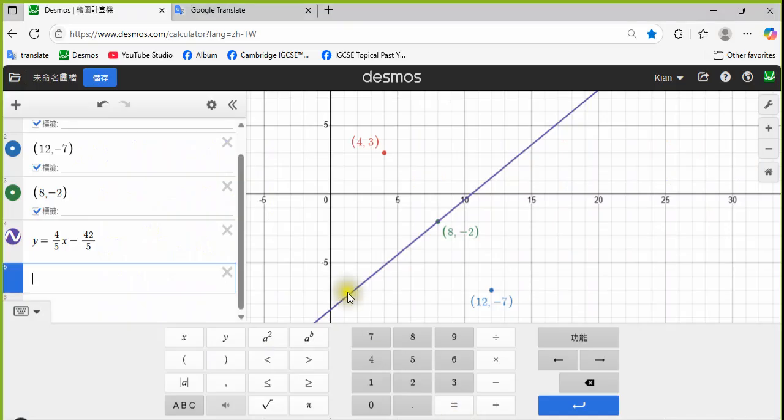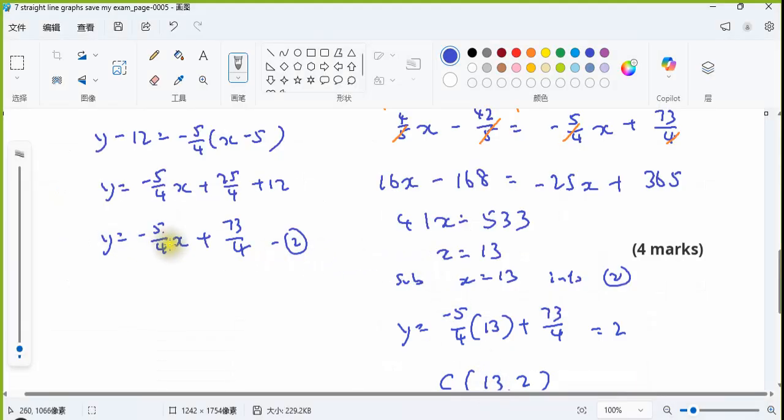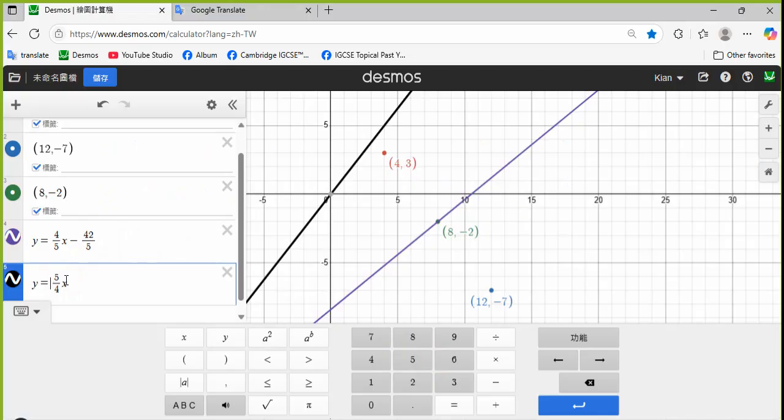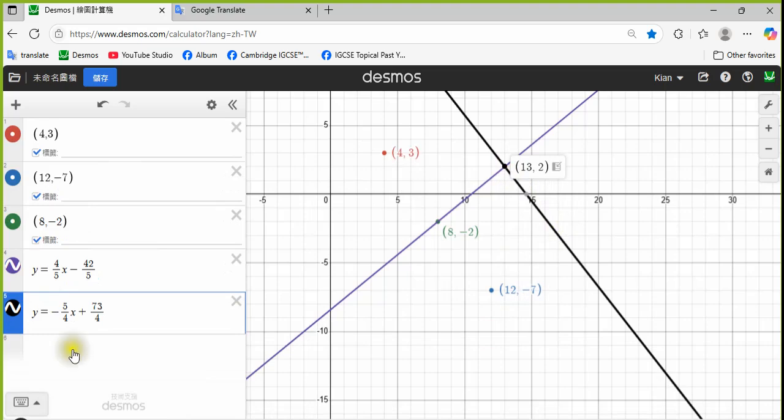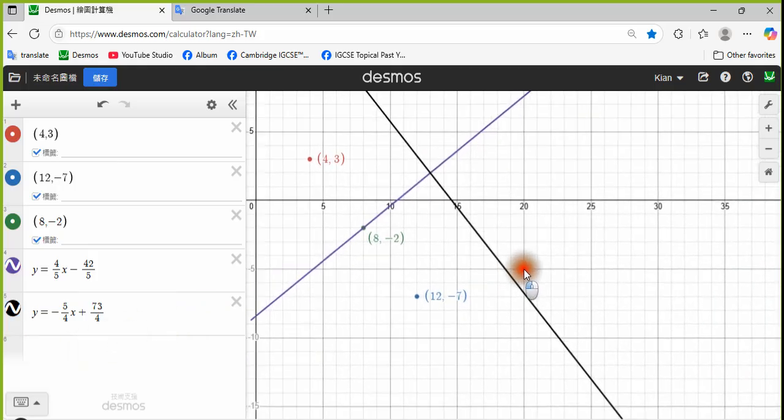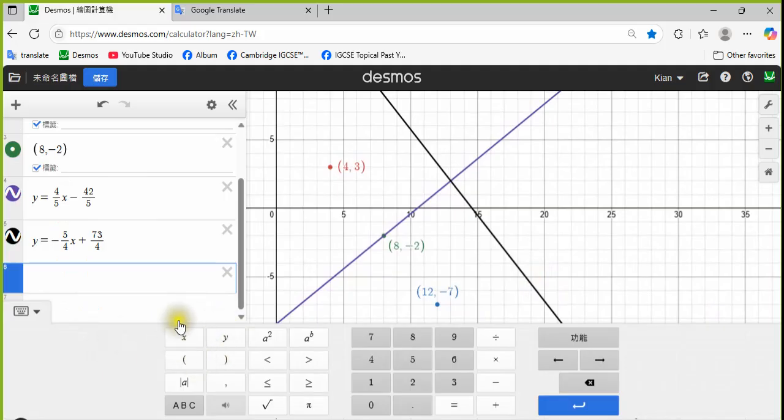So the other line actually is y minus 3 equals negative 5 over 4 times (x minus 4).